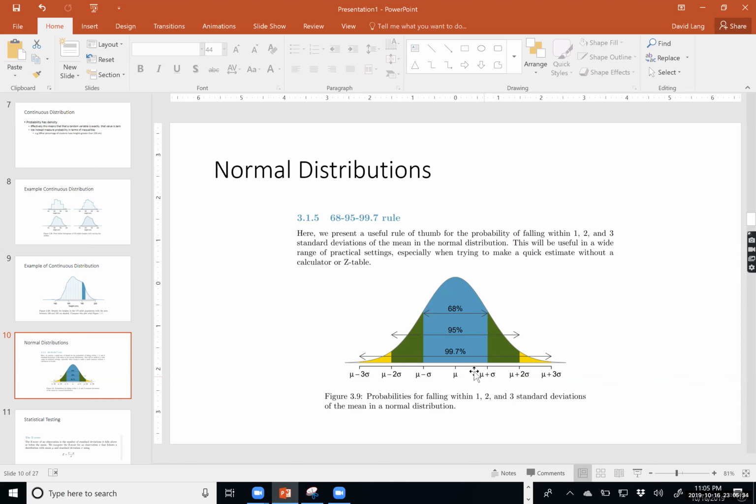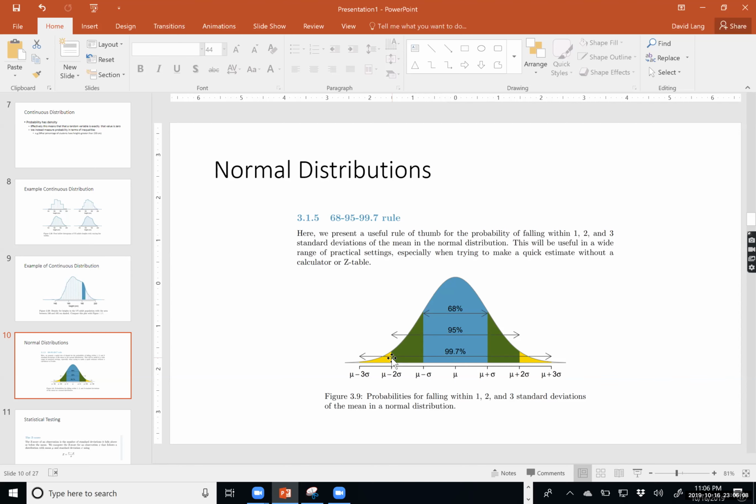So for instance, we know that 68% of all observations will normally fall within plus or minus 1 standard deviation. And as we increase the width of how many standard deviations we're willing to look across, we cover more and more of the possible distribution. But as we use wider and wider bins, we cover more data, but it asymptotically decreases.